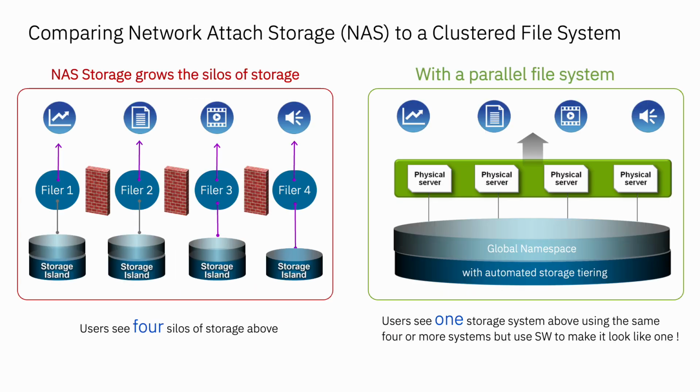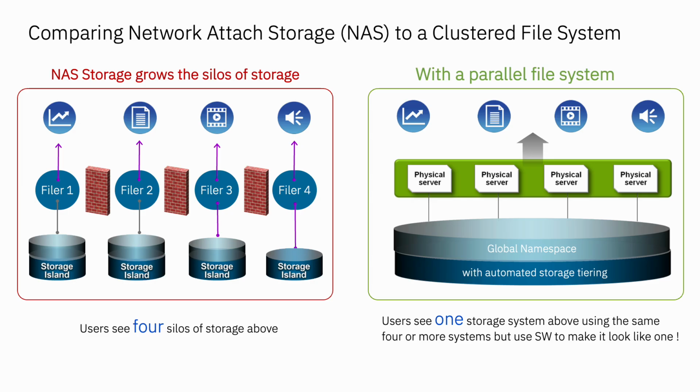Let's take a look at what a NAS topology looks like next to a clustered file system. So as we explained with NASs, you buy a NAS, you fill it up, then you buy a second NAS. Now you've got 2 things to manage. In this example, you would have 4 different NAS devices to manage as 4 unique individual silos of data. In the parallel file system, let's say we have those same 4 devices, but they look like one pool.